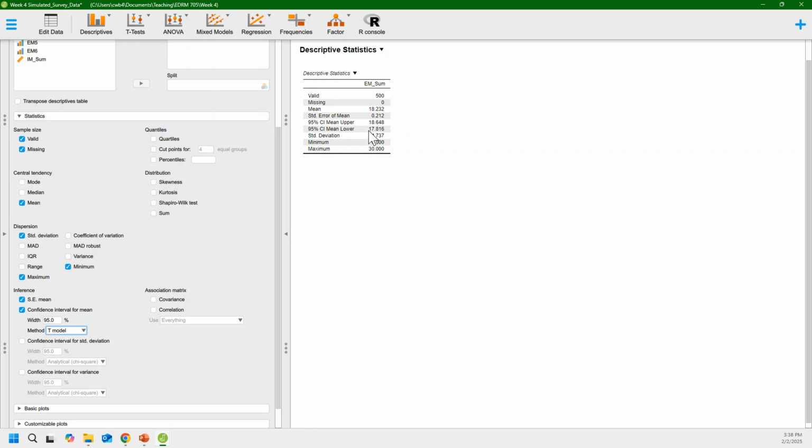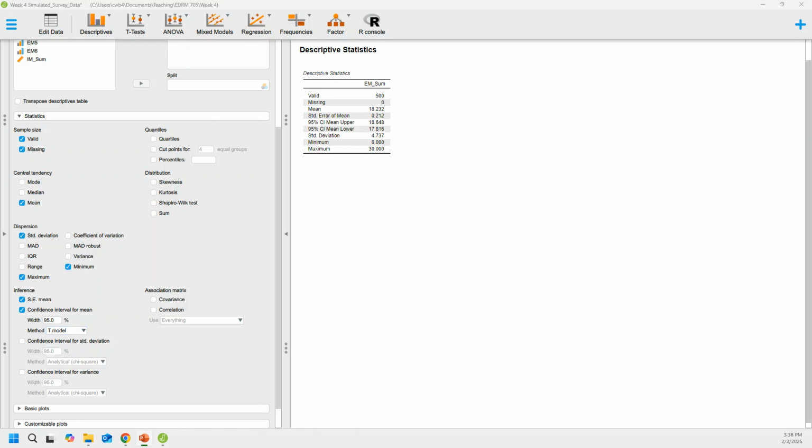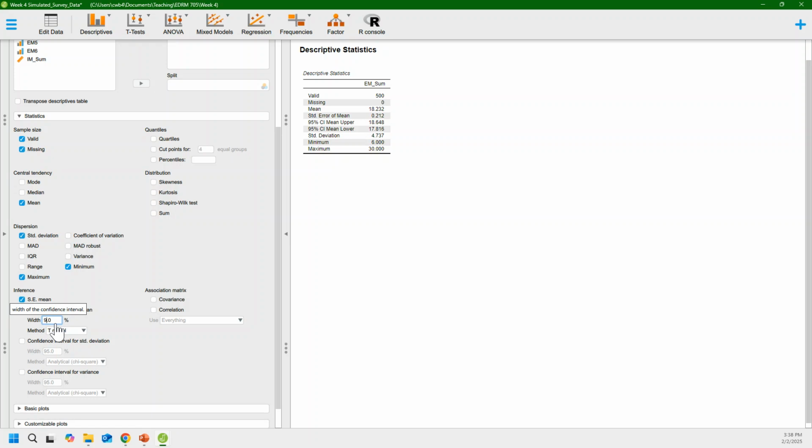There's that 17.8 something, and then there's that 18.648 something, right? If I wanted to do a different sized confidence interval, let's say a 99% confidence interval, I can just type it in this box here, and then it's going to adjust my confidence interval. All right. I'm going to change this back to a 95% since this is what we were requesting, and that is our confidence interval there.